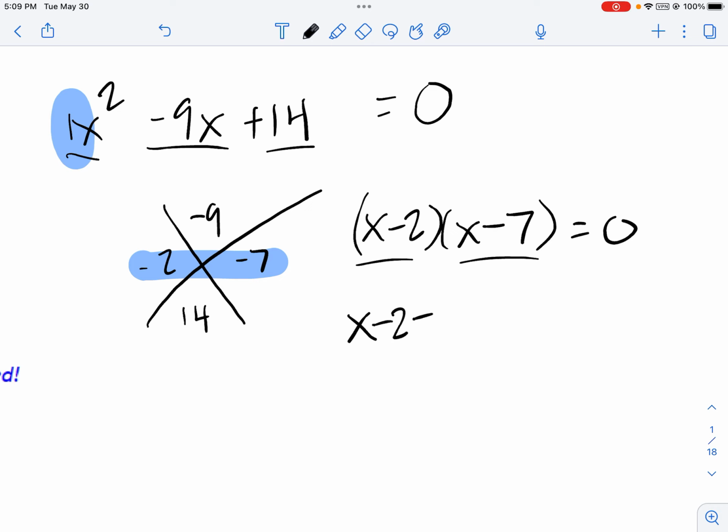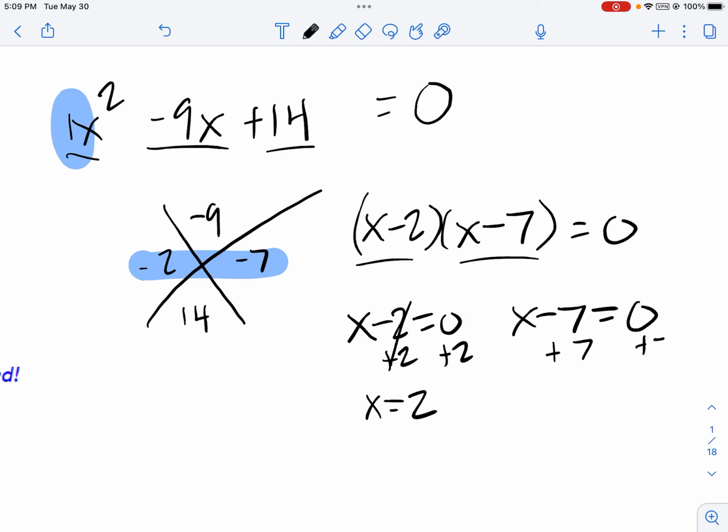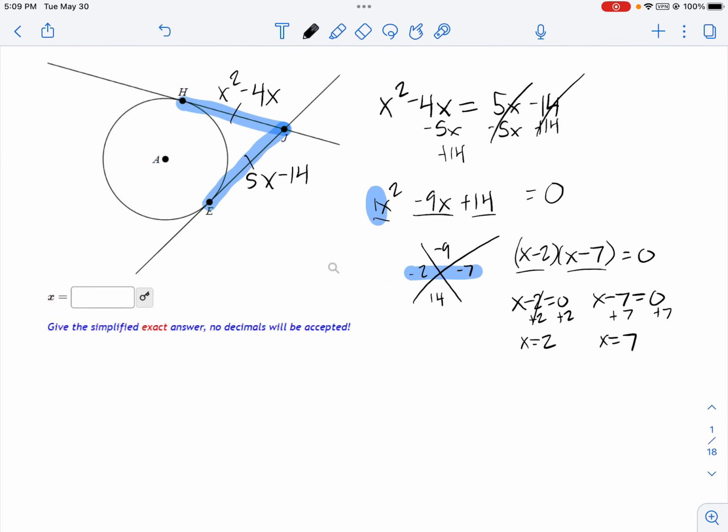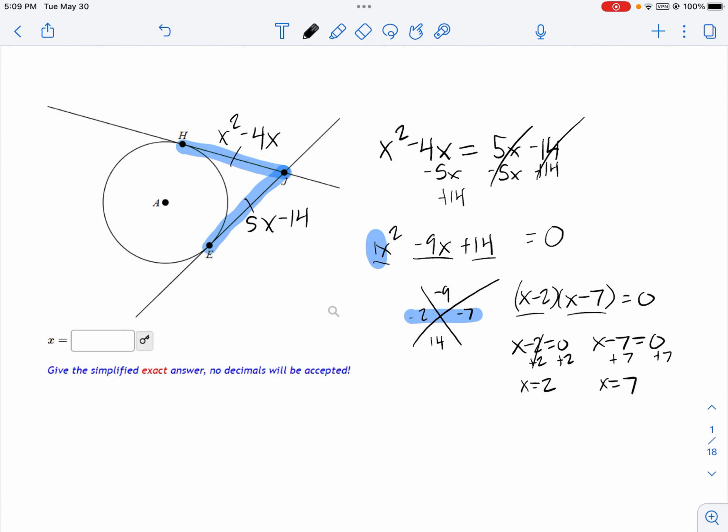That means our x minus 2 is going to be 0, or our x minus 7 will be 0. Then just solve each mini equation from there. So we add 2, and add 7 to both sides, and I get rid of our minus 7, so x equals 7. And we have two solutions, x equals 2 and 7.